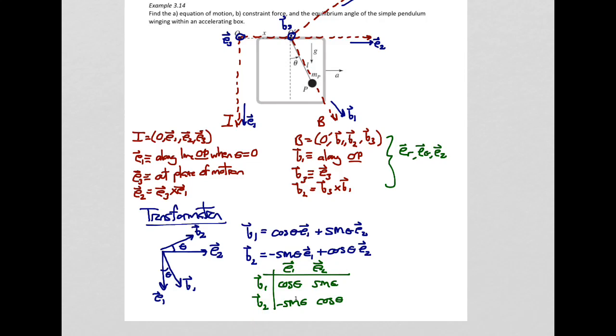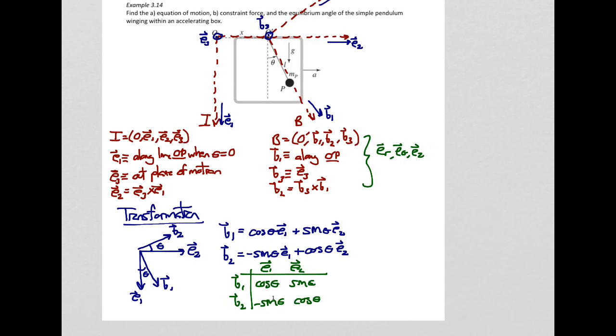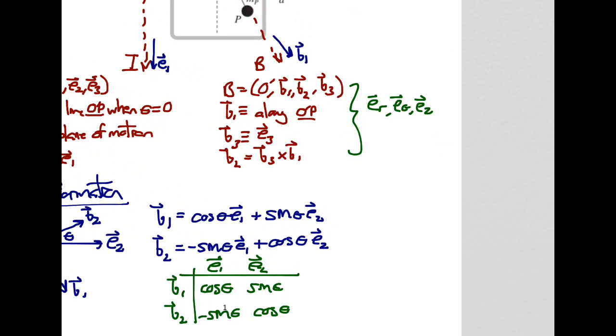Now there's one other thing that we need. Since we introduced taking the time derivatives of unit vectors, we also need to define the angular velocity of reference frame B as observed in reference frame I. And so we called that omega B as observed in I using our superscripts.